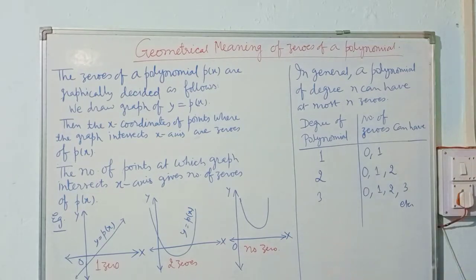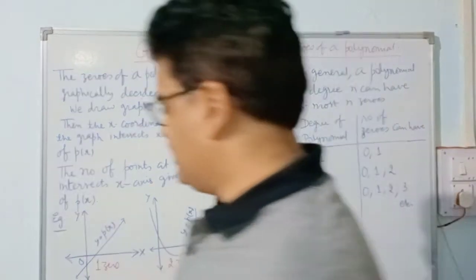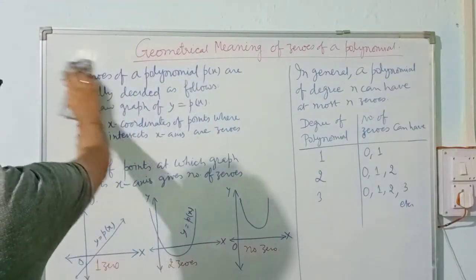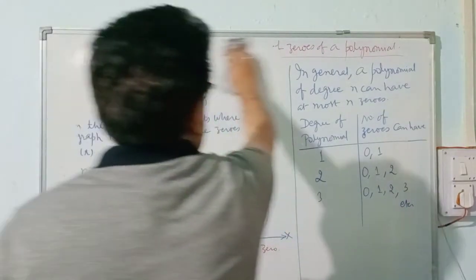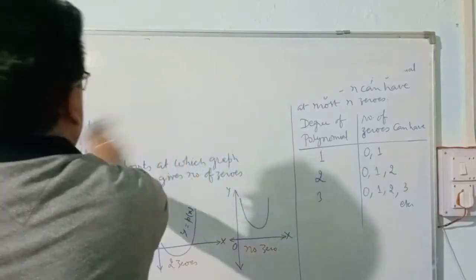Now, based on this discussion, let us have some graph figures, and decide the number of zeros this polynomial can have.